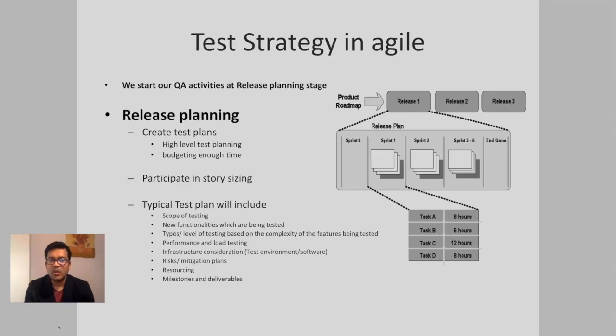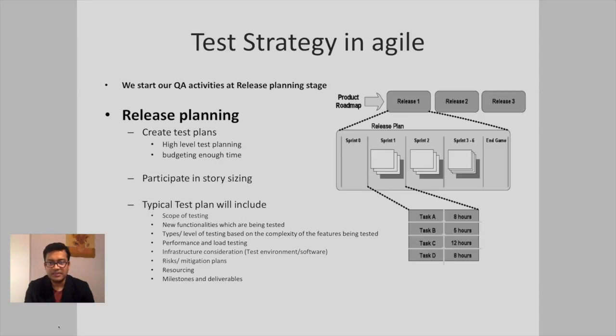Let's see what the QA activities are in the release planning stage. In release planning, you can see there is a product roadmap, which has several releases scheduled: release 1, release 2, release 3, and so on. Each of these releases is then divided into a set of sprints, sprint 1, sprint 2, and so on, and each sprint has a set of tasks depending on priority and criticality.